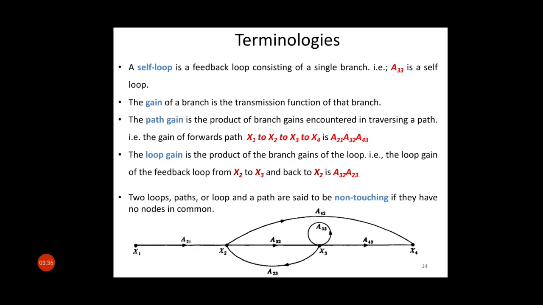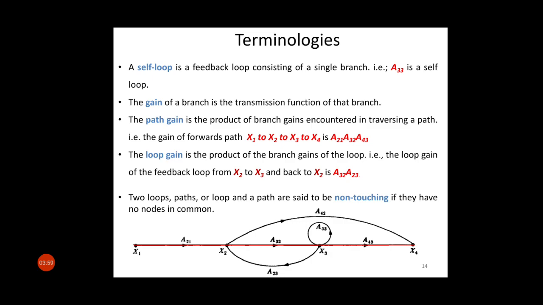The path gain is the product of the branch gains encountered in traversing a path, that is, the gain of the forward path. Our first forward path is this red highlighted portion, which is x1 to x2 to x3 to x4.